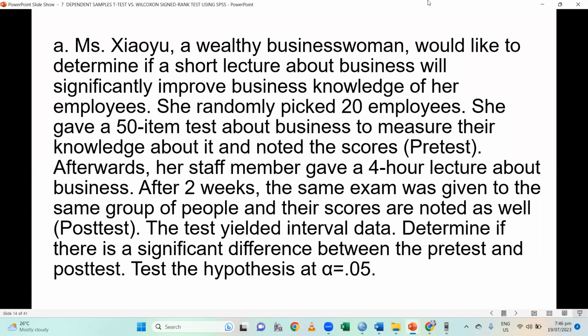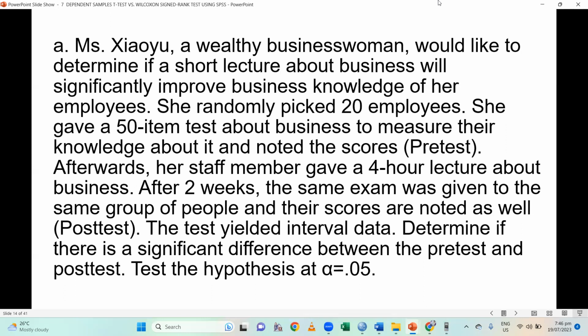Miss Xiao Yu, a wealthy businesswoman, would like to determine if a short lecture about business will significantly improve the business knowledge of her employees. She randomly picked 20 employees. She gave a 50-item test about business to measure their knowledge about it and noted the scores.